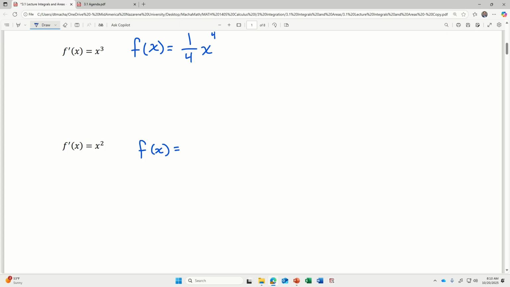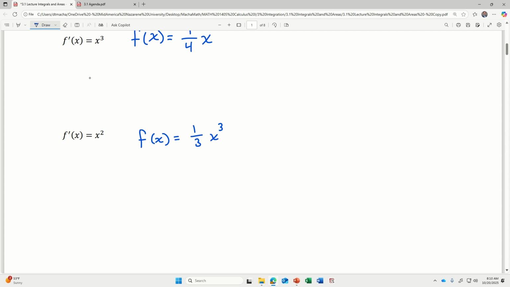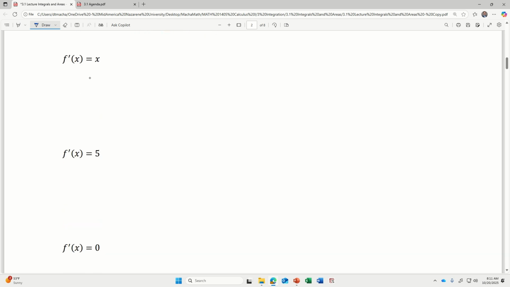So what would be the original function if my derivative is x squared? 1/3 x cubed. Mm-hmm. It'd be 1/3 x cubed. Okay.